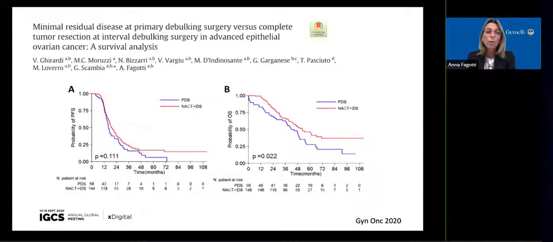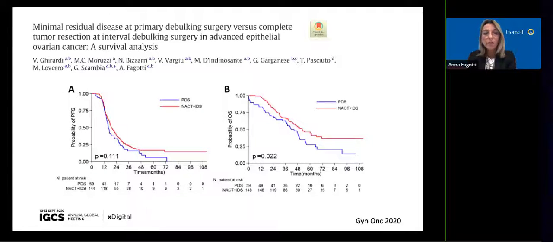Now, on this background, what we tried to understand is whether patients achieving optimal cytoreductive surgery with a residual tumor between 1 and 10 millimeters have actually the same or better survival with respect to those patients receiving no gross residual disease at time of interval debulking surgery after neoadjuvant chemotherapy.